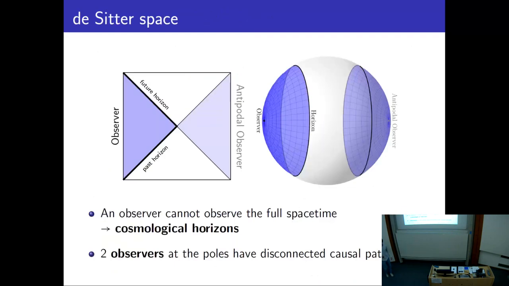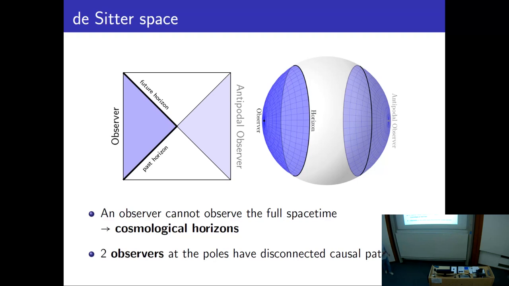The goal of my talk today is to try to apply this idea in the context of de Sitter holography. De Sitter has been discussed a lot today, so I won't get into too much detail, but for now, the main thing you have to remember is that a space-like slice of de Sitter space has the topology of a sphere, and this sphere is expanding in size. Because of this, any observer in the spacetime does not have access to the full spacetime.